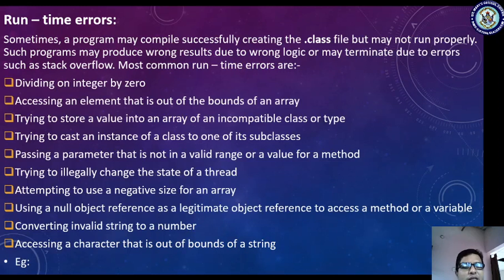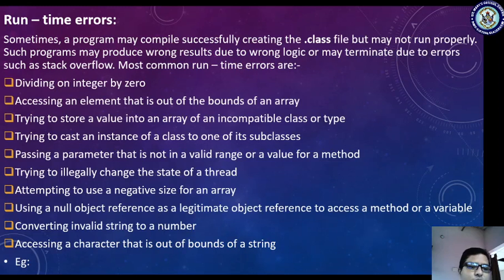Trying to illegally change the state of a thread. We are going to learn the concept of thread. As we know, what is a thread? A lightweight process, right? If you try to change that thread improperly, it causes an error. Attempting to use a negative size of an array. Where does the array start? At 0. If you try to access -1, it is not possible. As you are familiar with underflow as well as overflow.